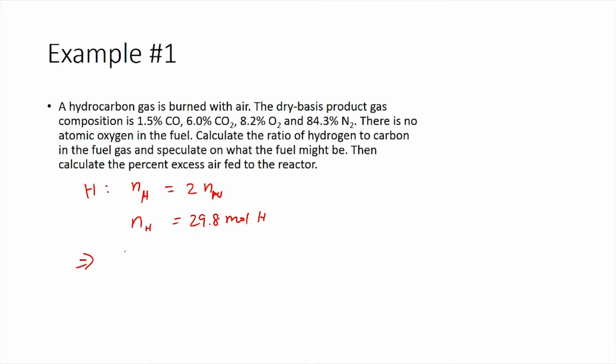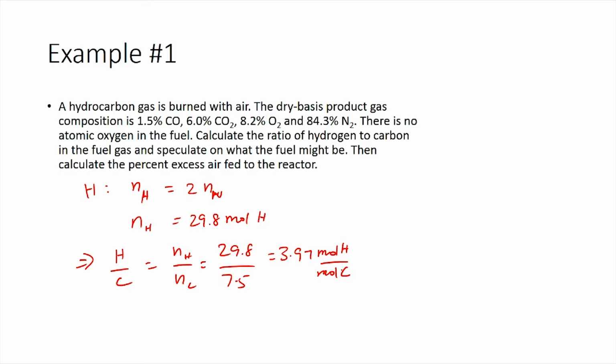So, the ratio of hydrogen to carbon, NH divided by Nc, would be 29.8 divided by 7.5. This comes out to be 3.97 moles of hydrogen per mole of carbon.